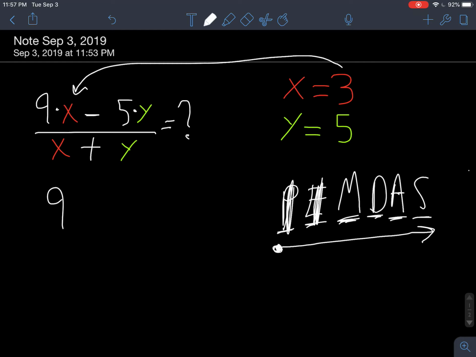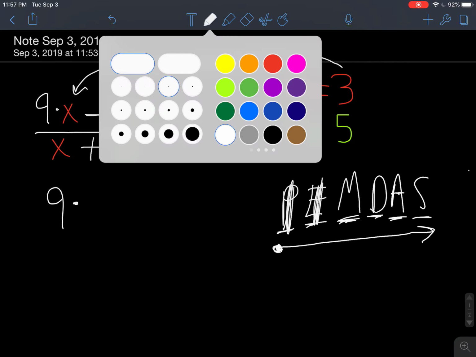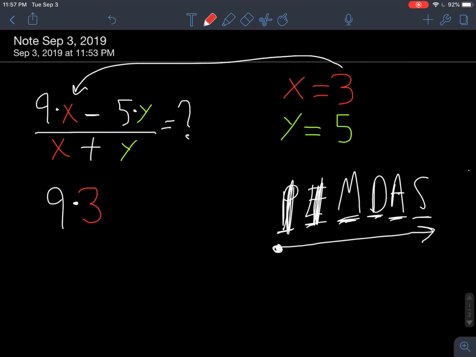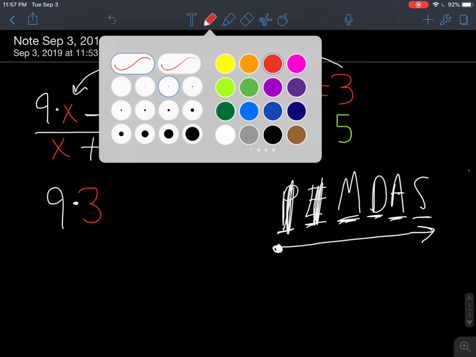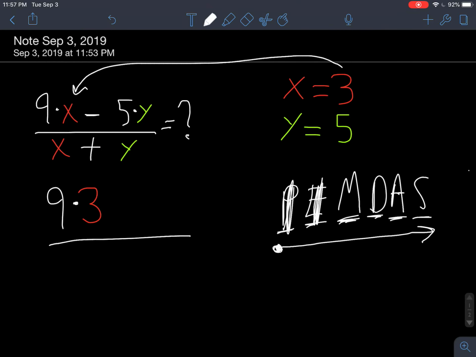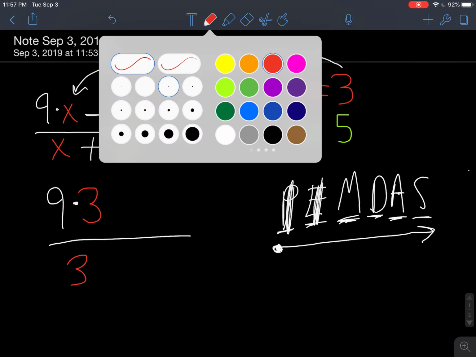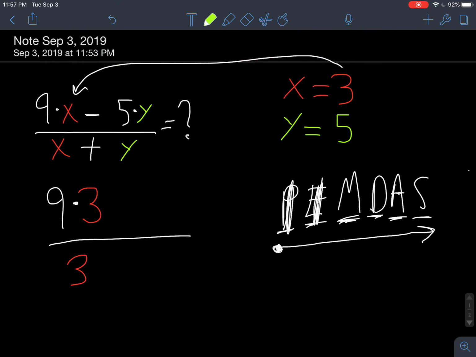And to make it easier for yourself, you'll put a 3 here, and let's put a 3 at the bottom as well. We have a 5 here, and we also have a 5 here.